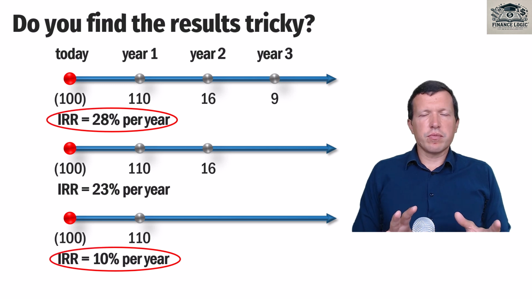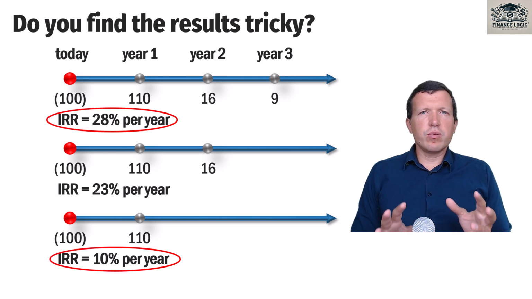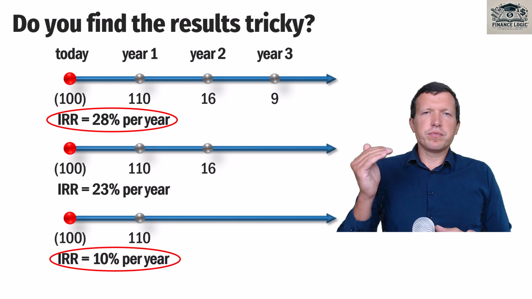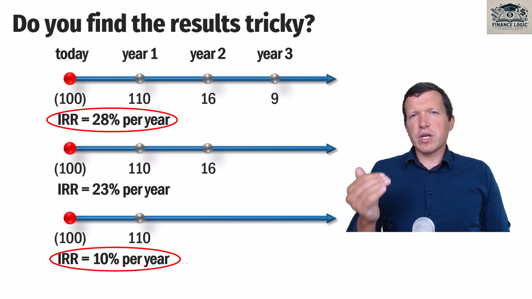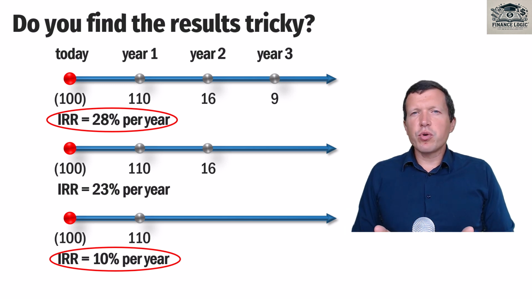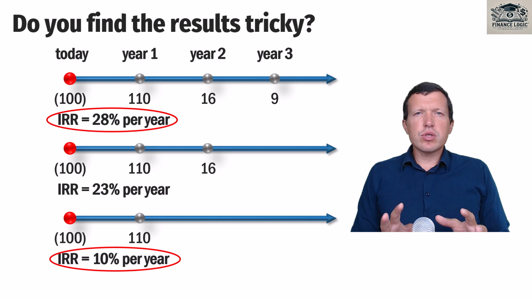Comparing with 10. So what I want to say? I want to say that if we compare our 3-year project with our 1-year project, to the 3-year project we have added additional inflows that are not so high. They are quite insignificant, only 16 and 9.